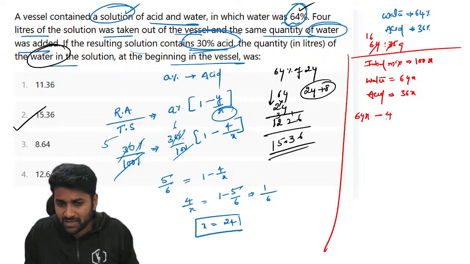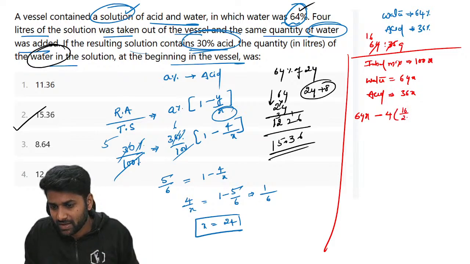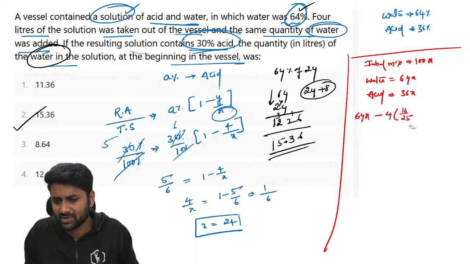So in these 4 liters, how much water is available? That is important. So 16 by 25th part. Otherwise, out of 4 liters, the water concentration is 64 by 100.